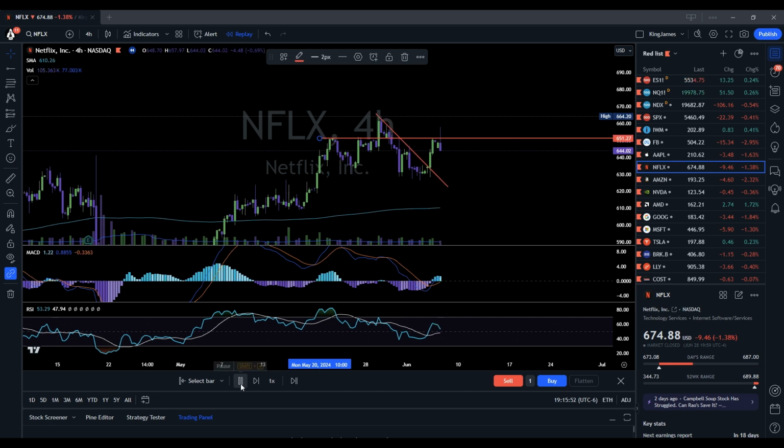Okay, so we want a break of the trend. There we go. So now we've got a break of the resistance level. Okay, this candle didn't close above it, but it attempted and then fell back below, but that doesn't matter. We just wanted to see price break above this candle high, which was 651.58. Now we've got a break of that. So in this candle, we need to exit the trade.